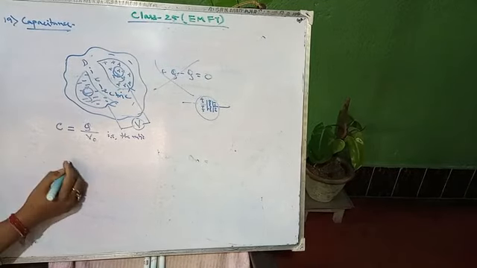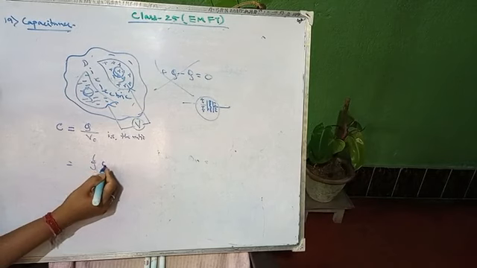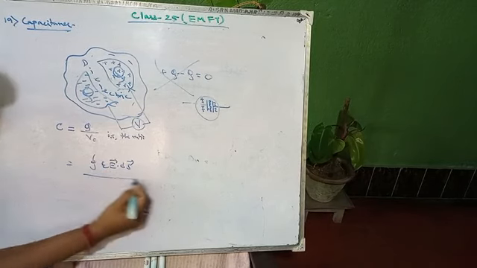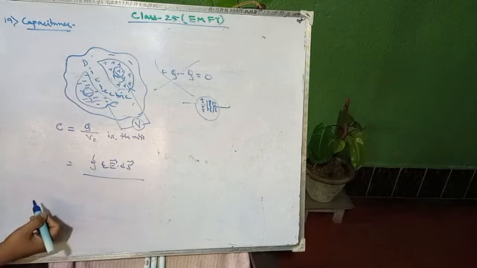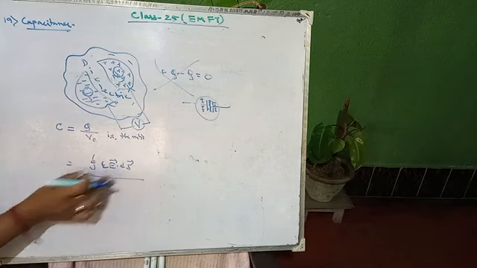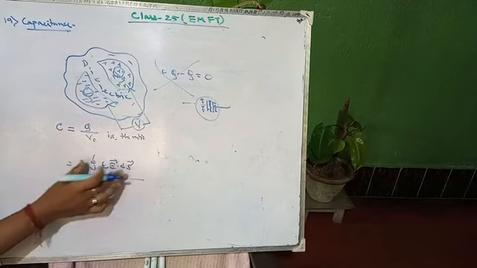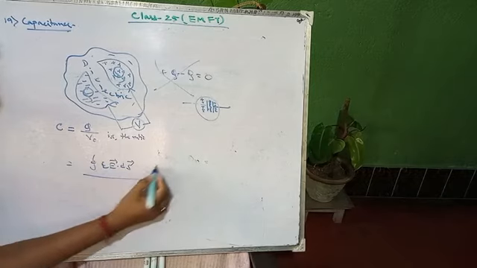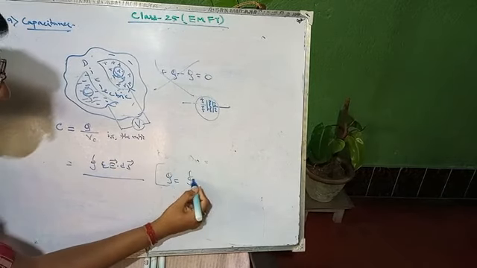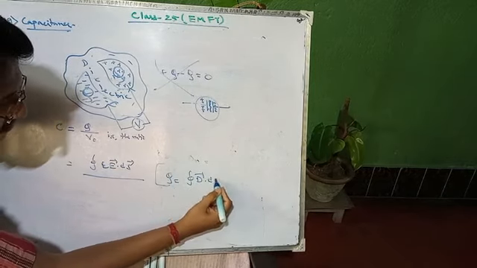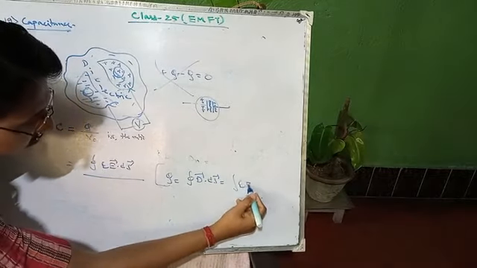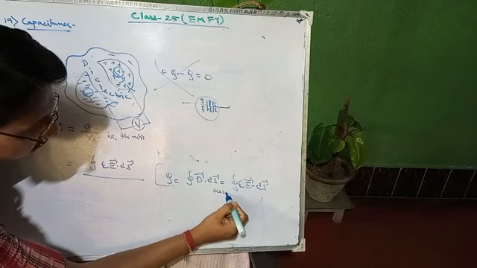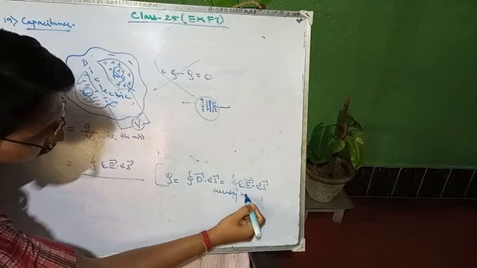Q is nothing but the closed surface integration of epsilon into E vector over ds, according to Gauss's theorem. So by applying Gauss's theorem we can write Q equals the closed surface integration of D dot ds, which equals epsilon into E vector into ds vector, according to Gauss's theorem.